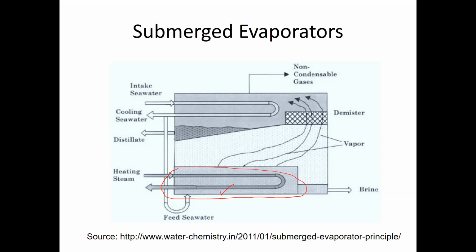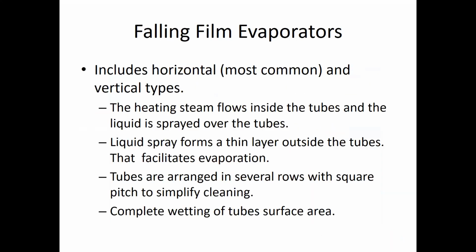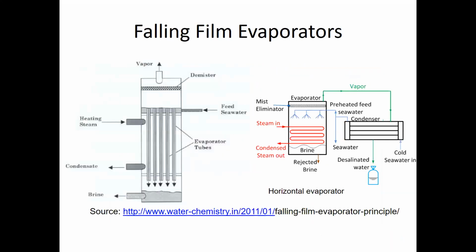Now, this was improved later with the falling film evaporator, in such a way that only a thin film of the seawater remains on the surface of the tubes, and the rest of the water flows down. You are only keeping a thin film, like a boundary layer, on the surface of the tubes.